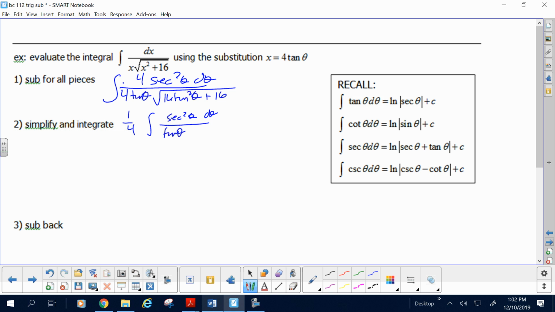And tangent squared plus 1 is equal to secant squared. And square rooted is secant. Now, if that's too much at once, then I encourage you to break it up into chunks. For your note purposes, I wouldn't actually do this on a problem, but this is what went on there. You follow?